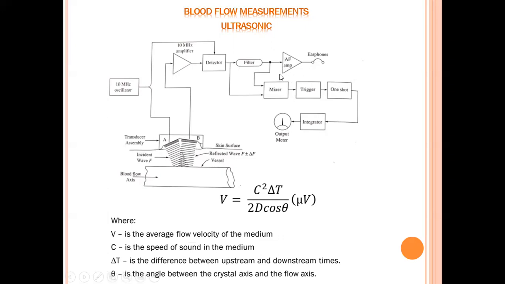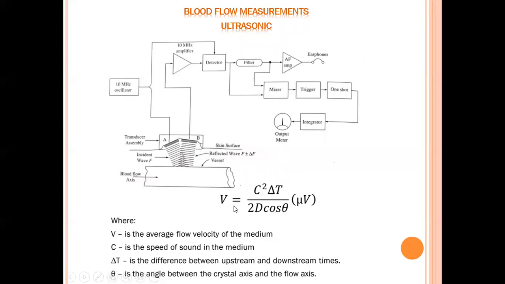Then amplify it using an audio frequency amplifier. You can listen to the sound on the earphones, or you can take the sound to a mixer, a trigger and one shot circuit, and integrate the signal and display it on the meter.